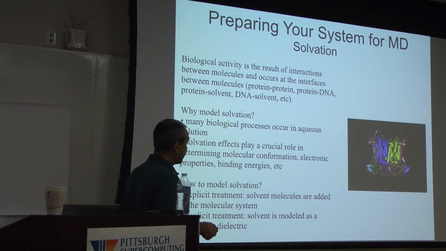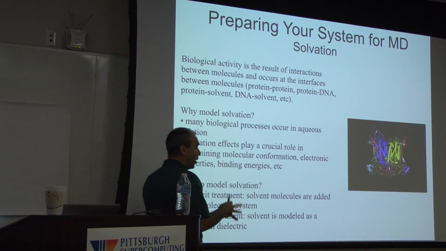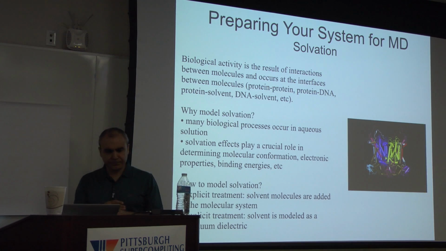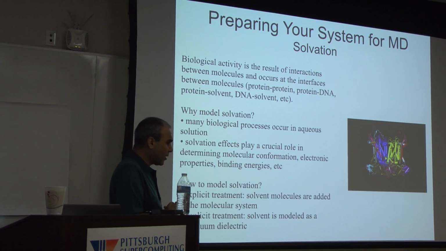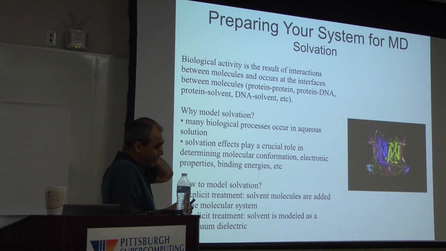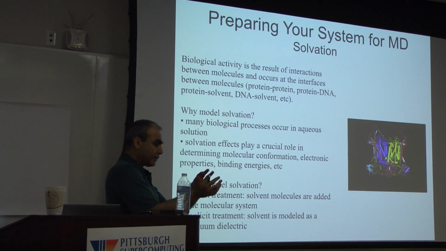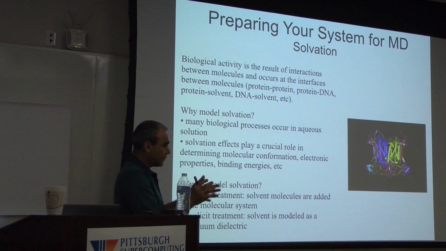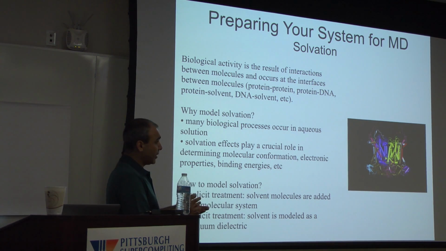So we have a lot of implicit solvent models available, but they have become less popular because there are lots of approximations in them that are difficult, like what is the dielectric constant of different regions of the system, and how do you define the regions, what is protein, what is membrane, what is solution. These are not trivial. It becomes very complicated.